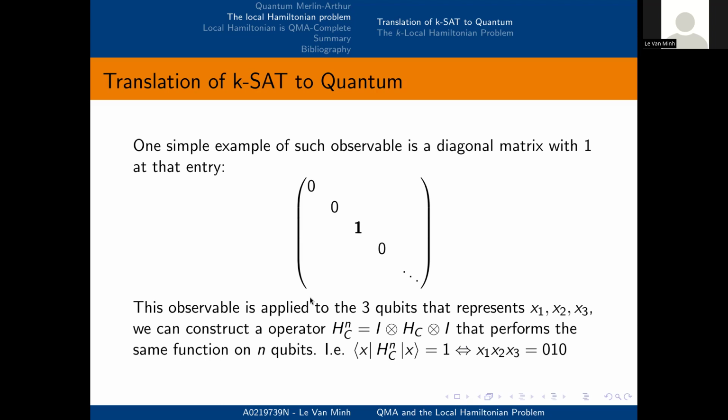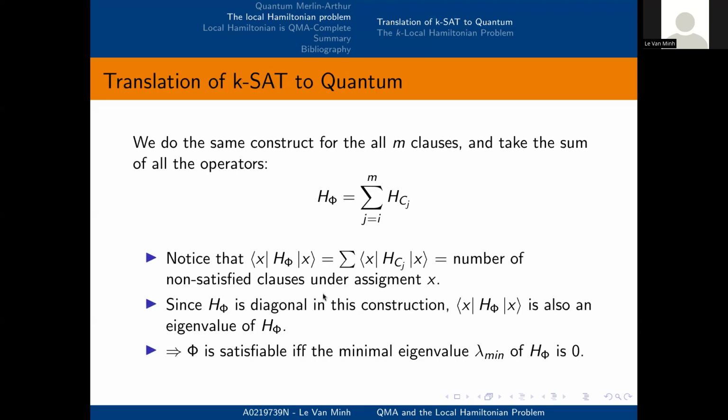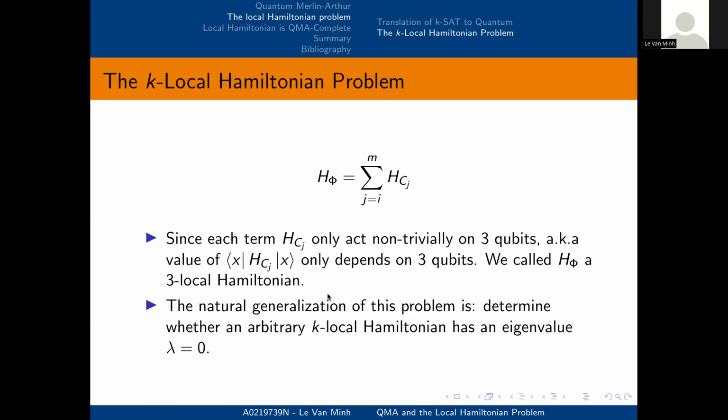But the point of this generalization is that we can use any Hermitian matrix as a term, not only the diagonal one. So it's a generalization compared to the construction we did earlier.